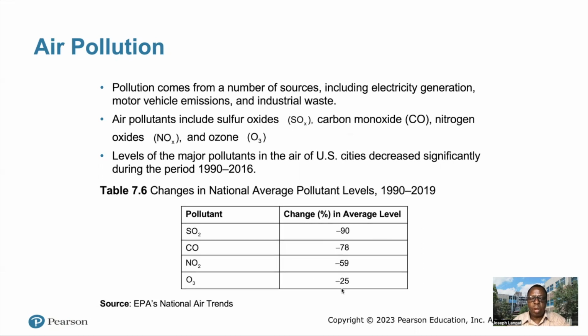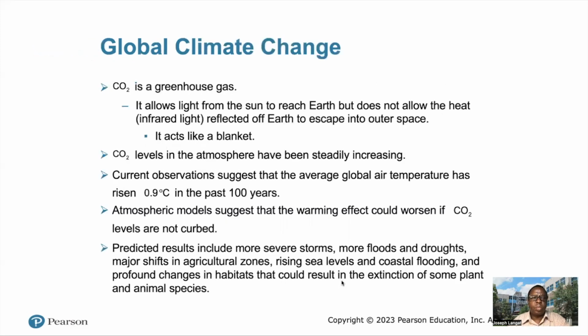This is a positive sign that the emission of these toxic gases into the environment over the years has been decreasing to avoid a toxic environment. I don't want to spend more time talking about the climate change. You can read on your own.